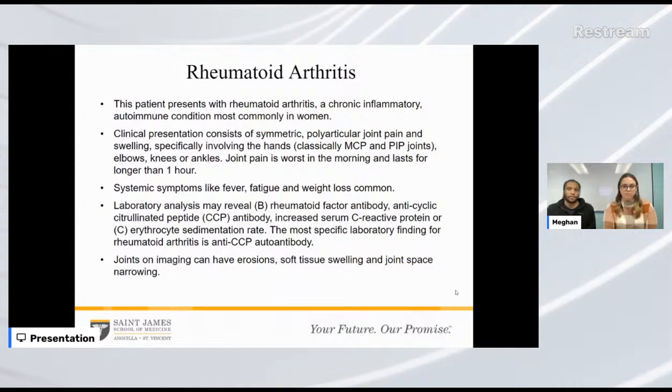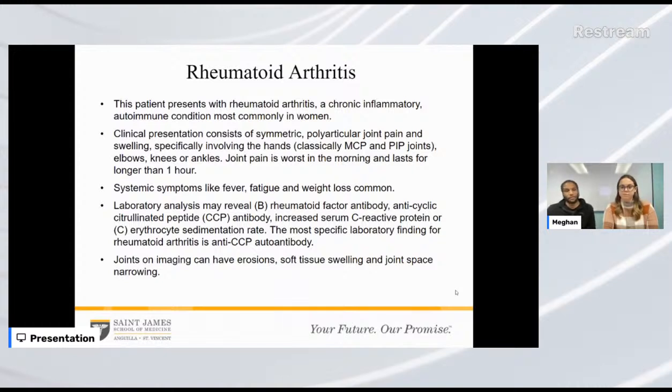Anti-cyclic citrullinated peptide is going to be the one that is specifically for rheumatoid arthritis. So if this antibody is positive, then you want to think that rheumatoid arthritis is your diagnosis, as well as C-reactive protein or ESR can be elevated as well. But those are just markers of inflammation and also are going to be present in plenty of disease processes, anything that can cause any sort of inflammation.